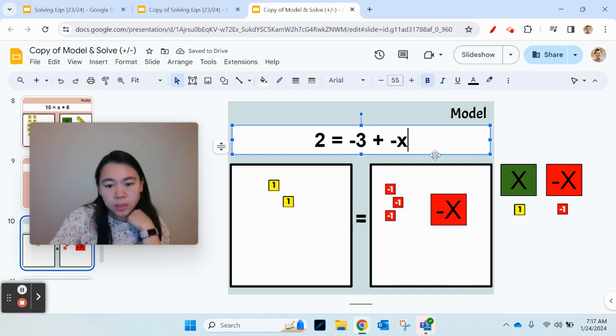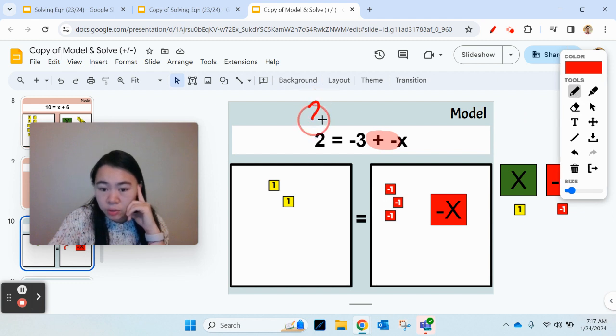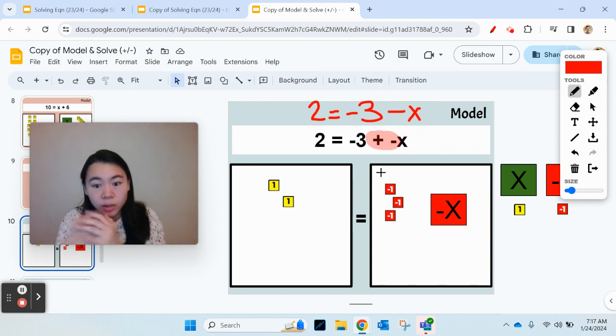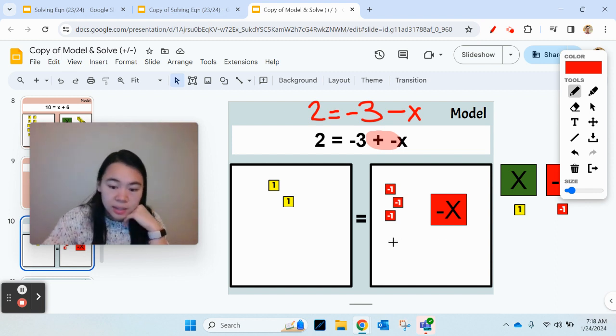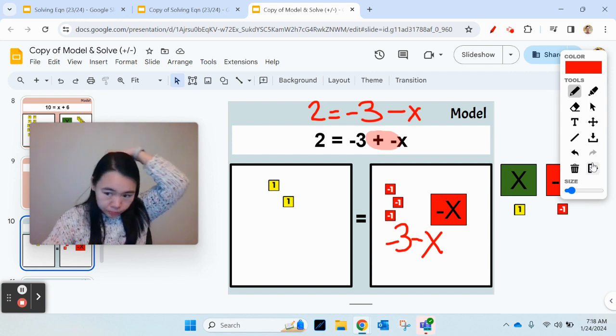Just so you guys know, when you see this plus and a negative, something like that, this is the same thing as 2 equals negative 3 minus x. You actually don't need this plus. This plus kind of acts as the word and. You have negative 3 and you have a negative x, which is the same thing as negative 3 minus x.